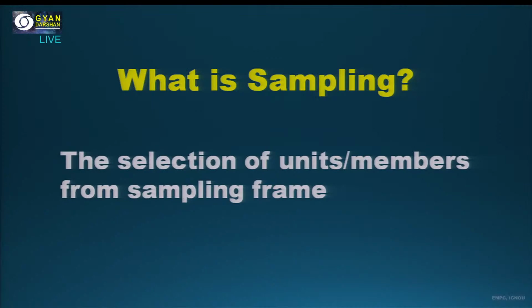To start with, I would request your attention to the screen, where it is written that sampling is a selection of units or members from a sampling frame. In the beginning we will have a research project, a research title.